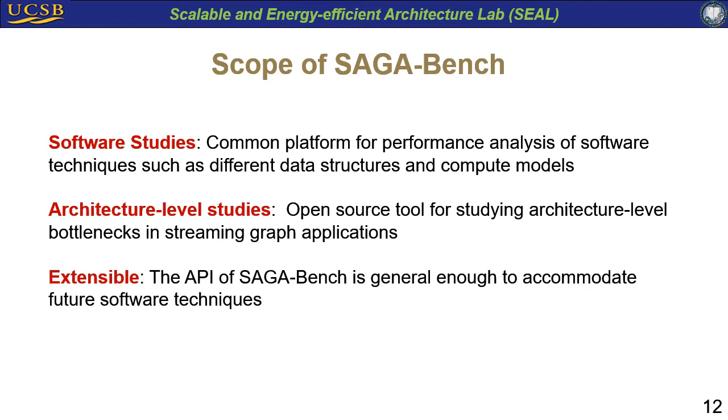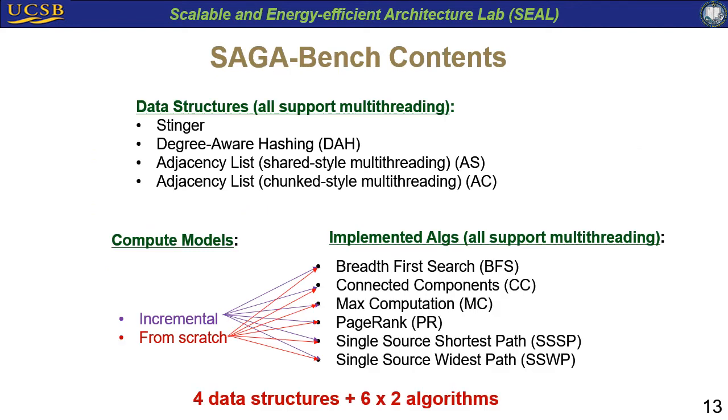So it's an open source tool for studying architecture level bottlenecks in streaming graph applications. And the benchmark is also very extensible. The API of SAGA-Bench is general enough to accommodate future software techniques. I will quickly go over the contents of SAGA-Bench.